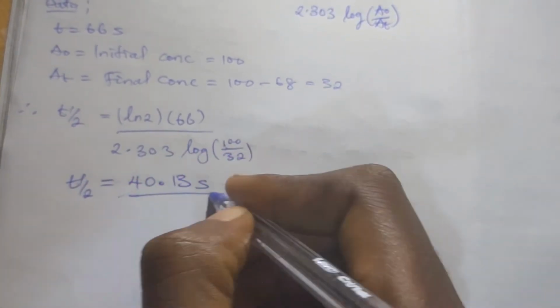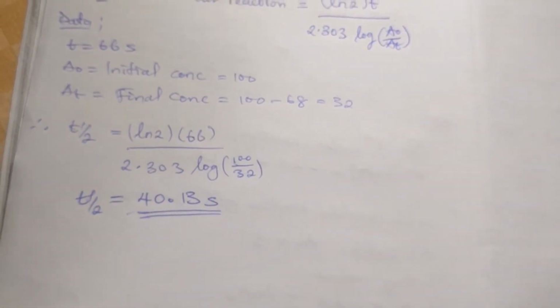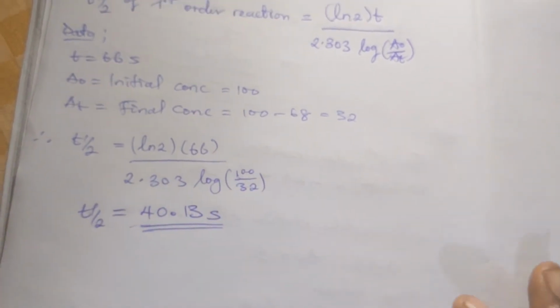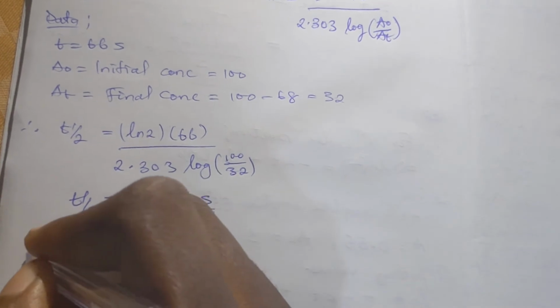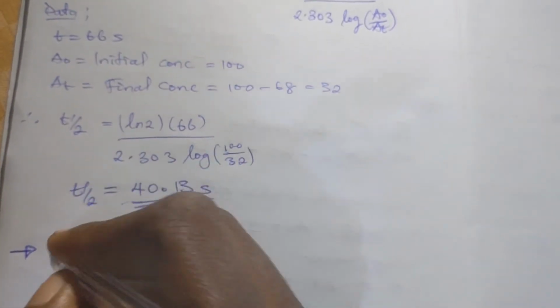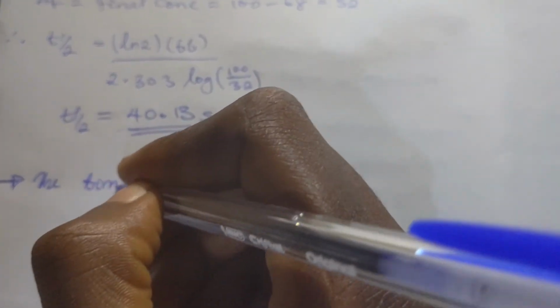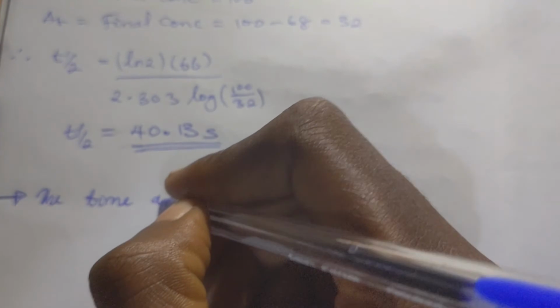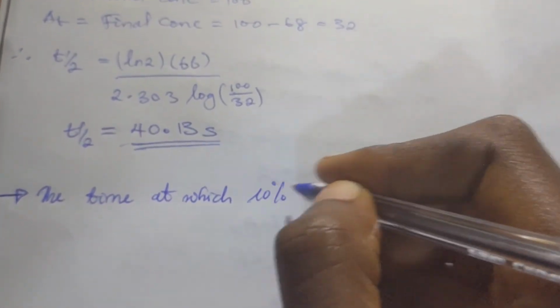Now the second part of the equation says at what time after initiation of the reaction will 10% of the reactant remain. Now note this, the time at which 10% of reactant will be left means 90% of the reaction is complete already.